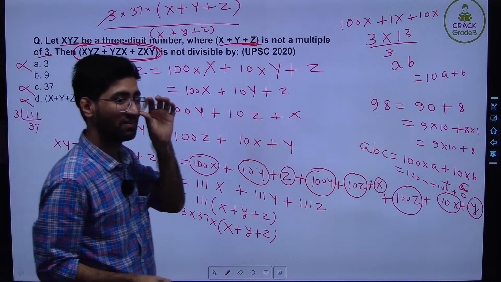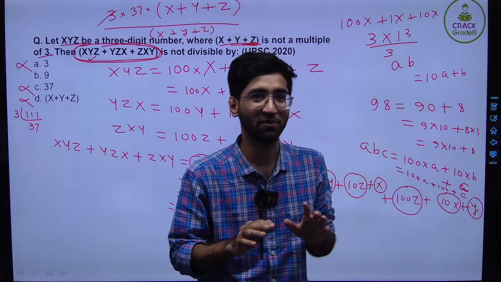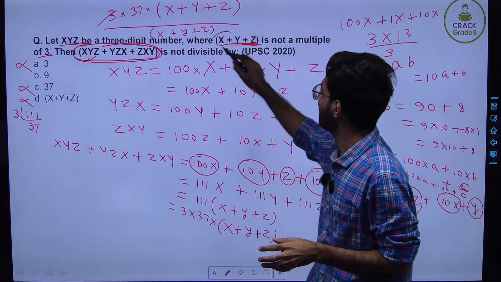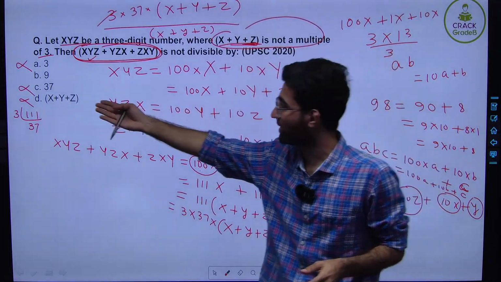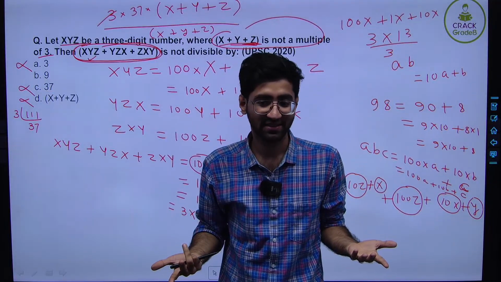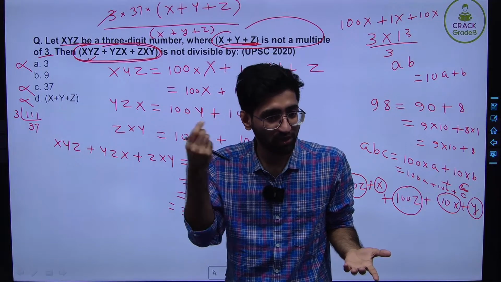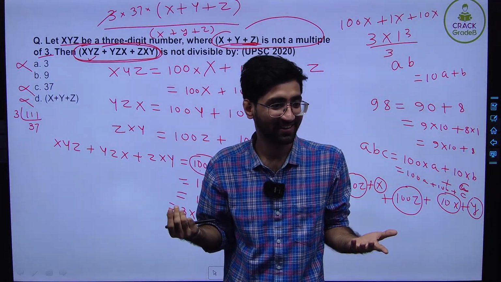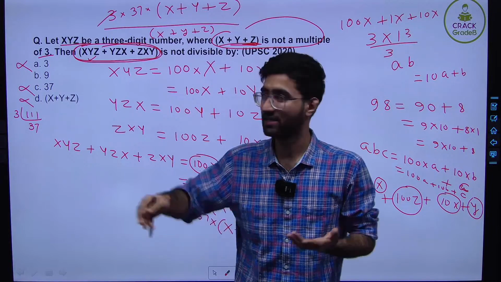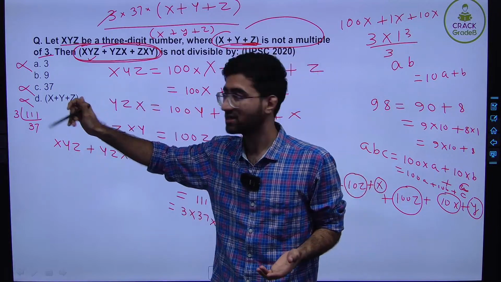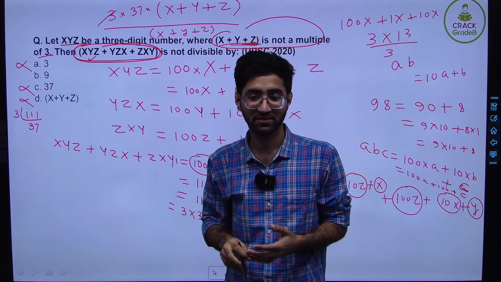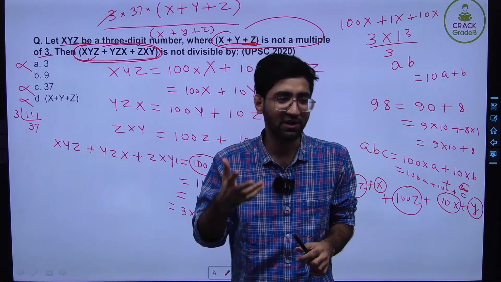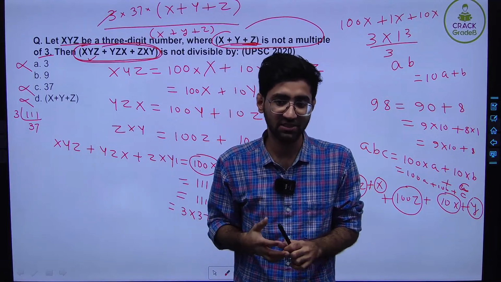So now think for one second, think for one minute. You are not able to use this line, still you can answer option B. You are not able to think whether this number is divisible by 9 or not. Many aspirants will start at this point and think that they are unable to decide about 9.